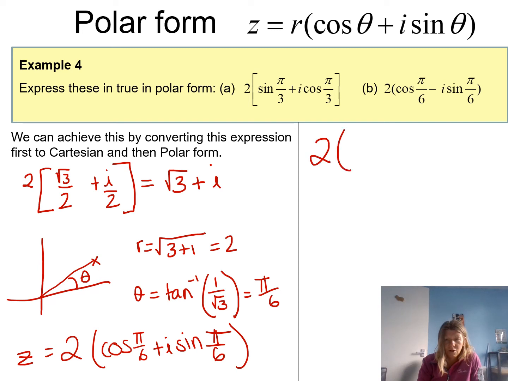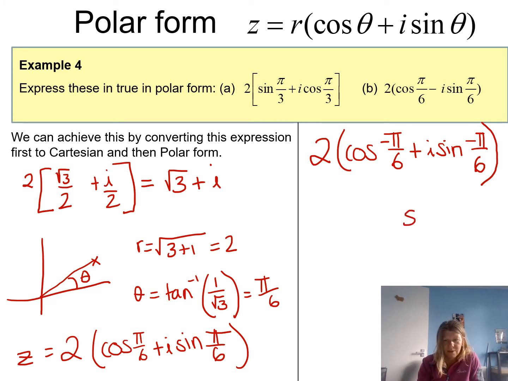That one's just 2 lots of cos to get it both the same, because if you remember, cos is an even function. So actually cos of minus pi by 6 is the same as cos of pi by 6. And sine is an odd function. So the minus of it is the same as the negative of the positive, if that makes sense. I'll write that down.